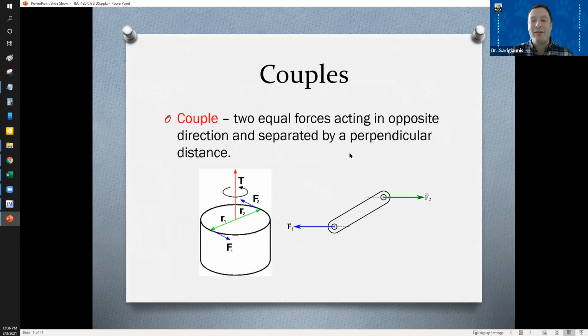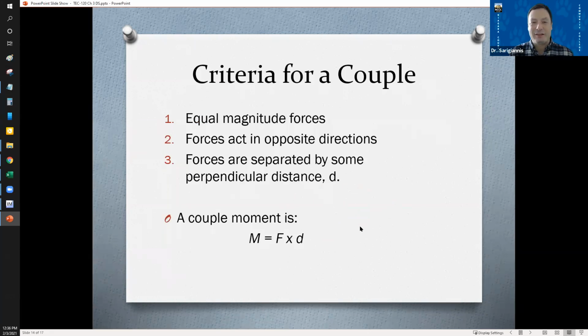Notice the geometry itself could look like this, but the moment is calculated by the perpendicular distance between the lines of action of these forces. Let's go to the next slide. These are the criteria for a couple: first, the two forces are equal in magnitude; they act in opposite directions; and they're separated by some perpendicular distance.